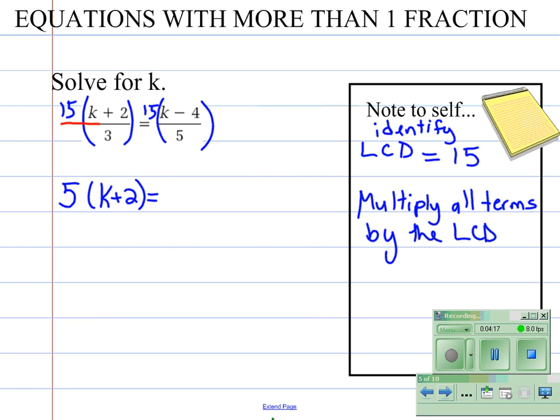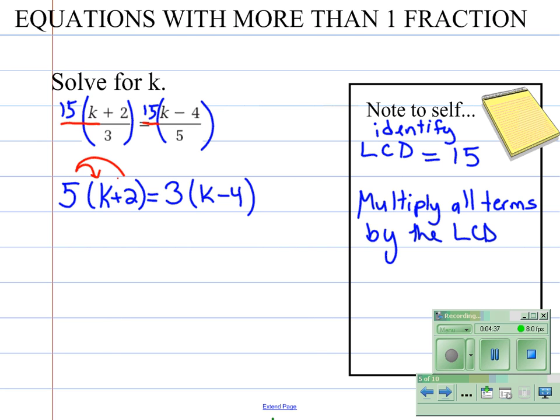And on this side, if I do the division, I can make the bar a little longer here too. It's 15 over 5, and 15 divided by 5 is 3. And you'll notice in this step now that the fractions are all gone. We've eliminated the fraction by multiplying by the lowest common denominator.